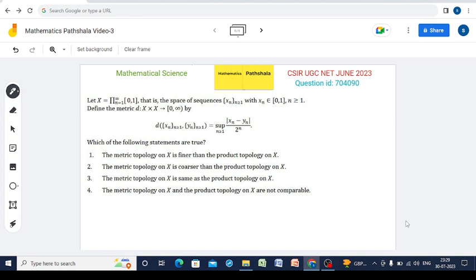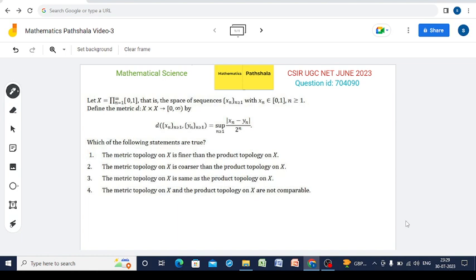See here, [0,1] is a subspace of the usual topology on R, so we will see [0,1] as the subspace with respect to the usual topology on R. This is the countable infinite product of [0,1].